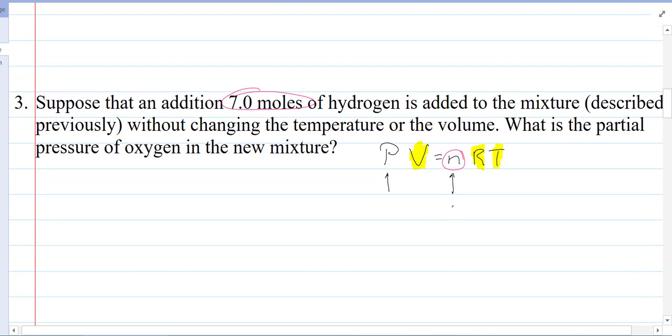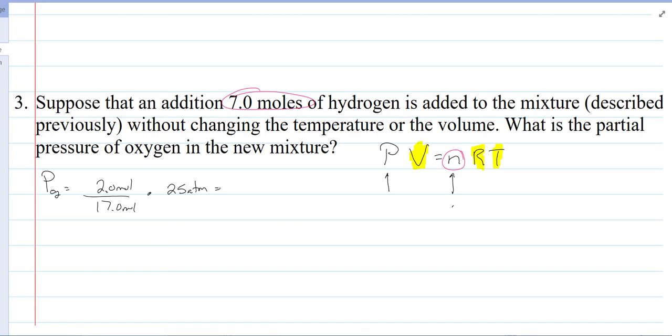Well, let's do that because a lot of times here's what students in my seated classes will say. Well, pressure of O2 now would be 2 moles over 17 moles times 25 atmospheres. And we'll get that number, which, 2 times 25 would be 50 divided by 17.